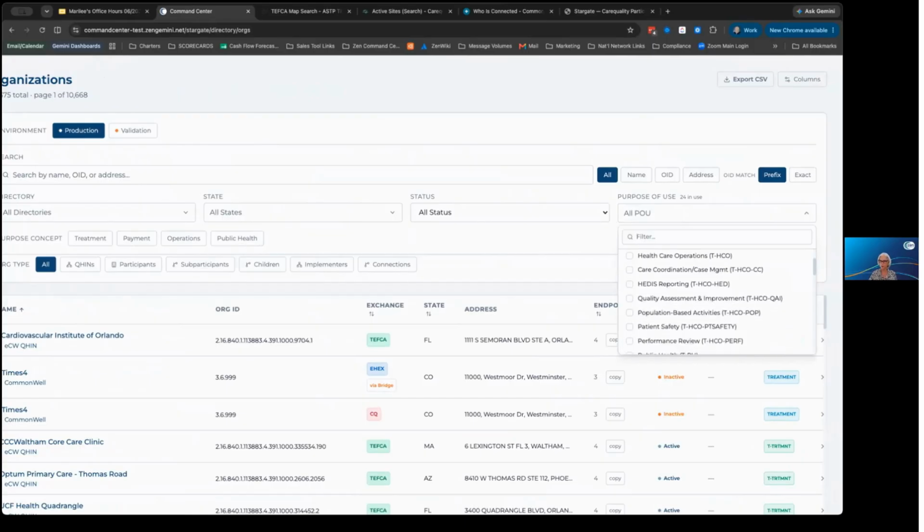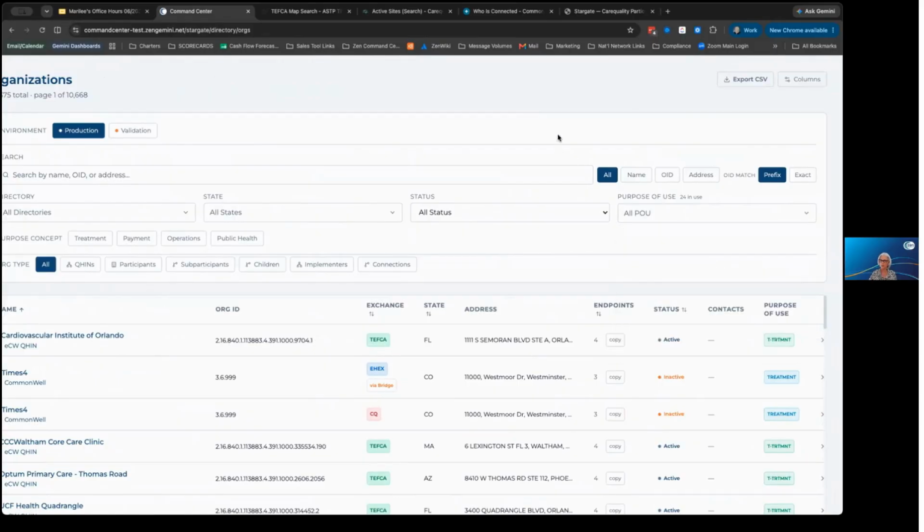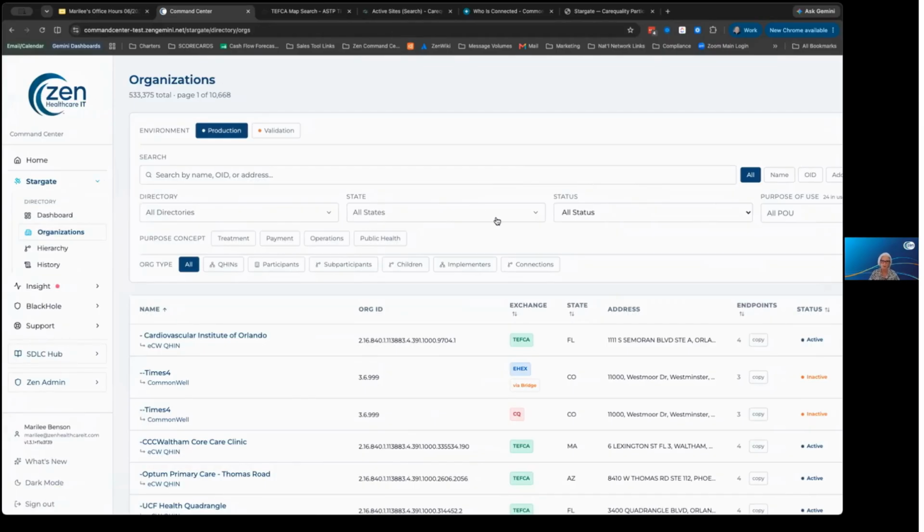This is across multiple networks, so you'll see a lot in here. I will also tell you that a number of those purposes of use are not live or enabled yet, and often aren't even listed on a particular entry. So a lot of the purpose of use information I would consider coming soon, and it's not all seated in the underlying directories yet.